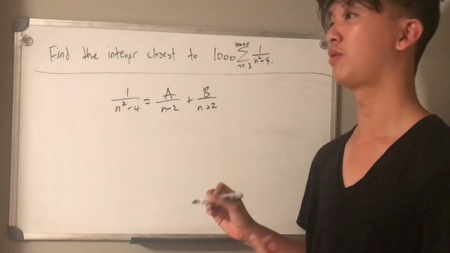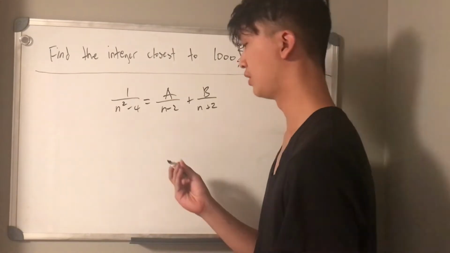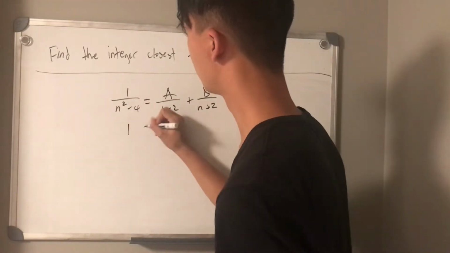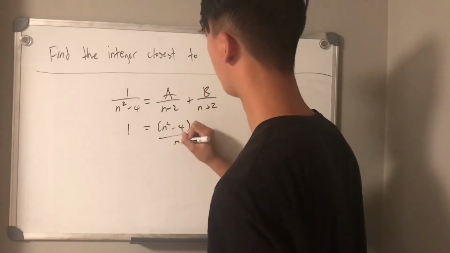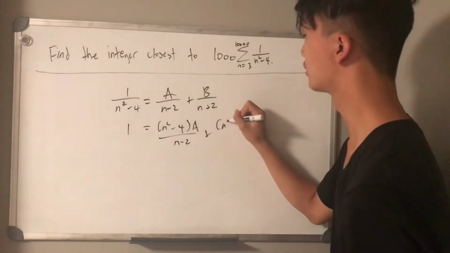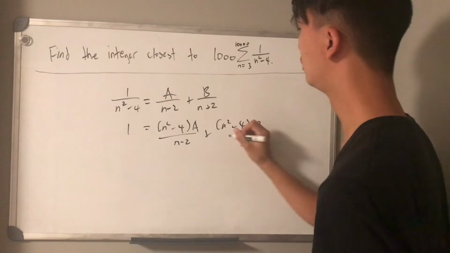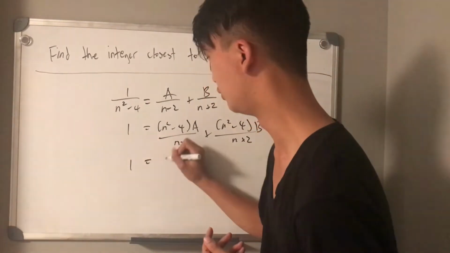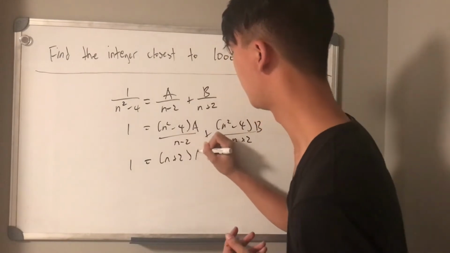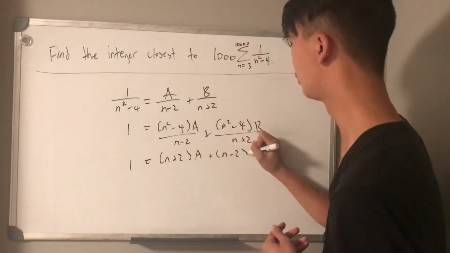So now we're going to multiply everything here by n squared minus 4. So we have 1 is equal to n squared minus 4 a over n minus 2 plus n squared minus 4 b over n plus 2. And so 1 is equal to n plus 2 times a plus n minus 2 times b.